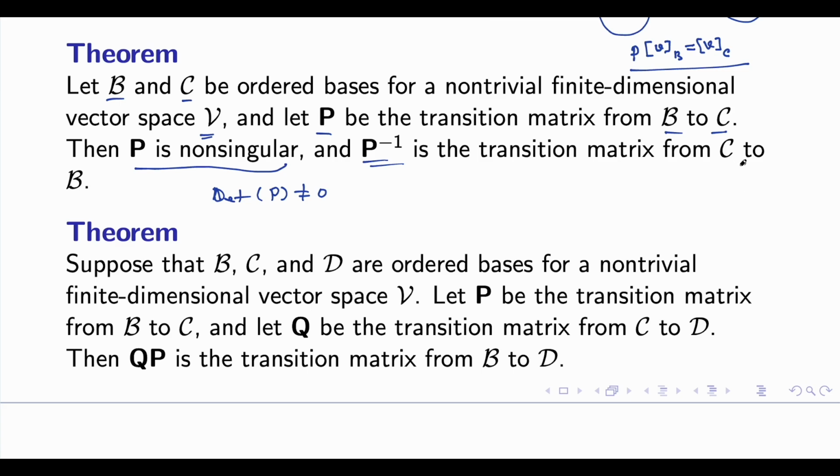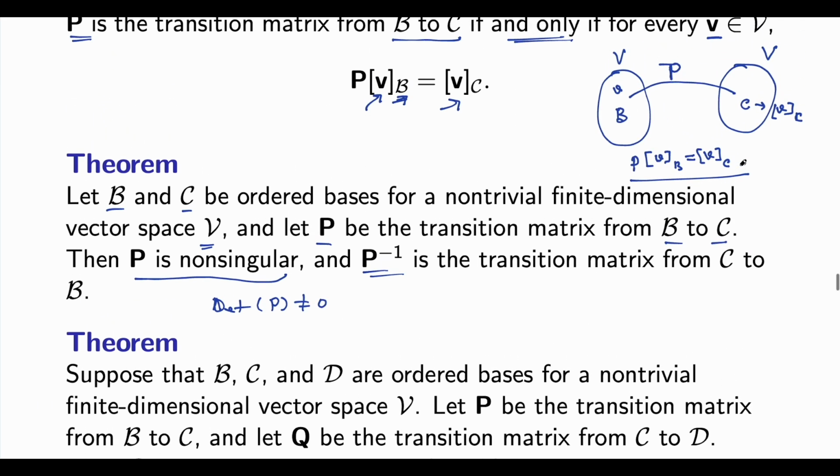Looking at this picture, P inverse is the coordinatization from C to B. We find it from B to C with P, and since P is always invertible, we can come back from C to B also. This is called the inverse transformation.